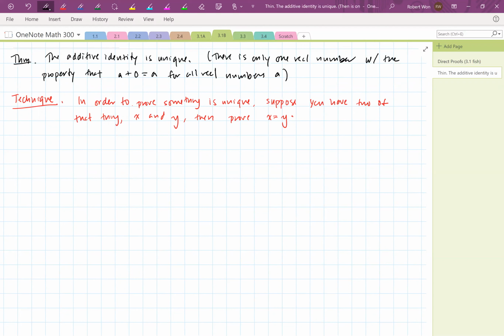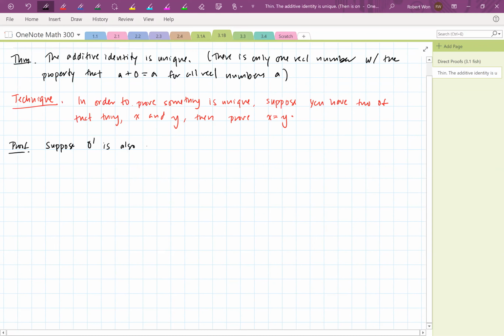Okay, so let's get this proof. So let's suppose, we're already assuming that there's an additive identity in the real numbers, which we call 0. So suppose we have another one. Let's suppose that 0 prime is also an additive identity of R. Right, what does that mean?